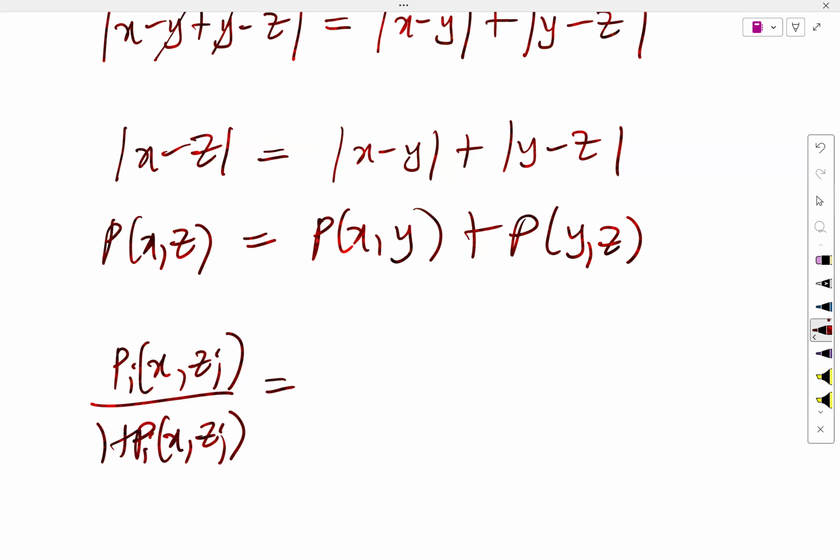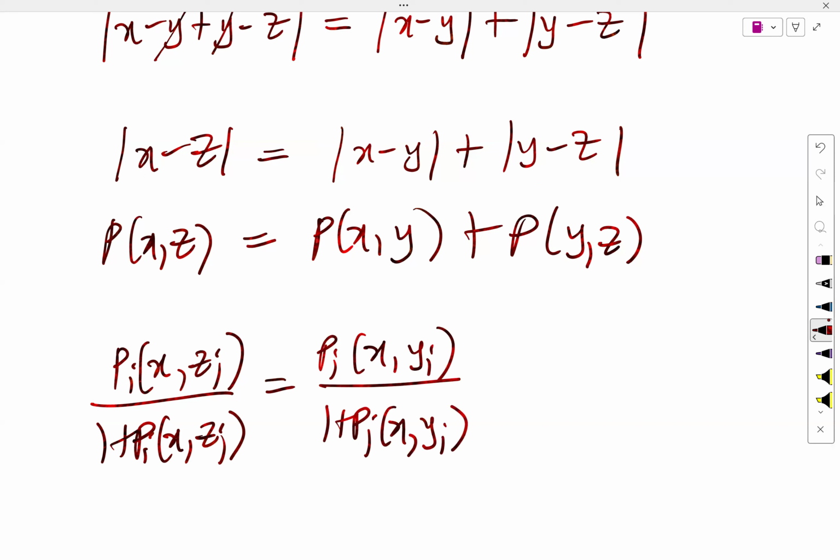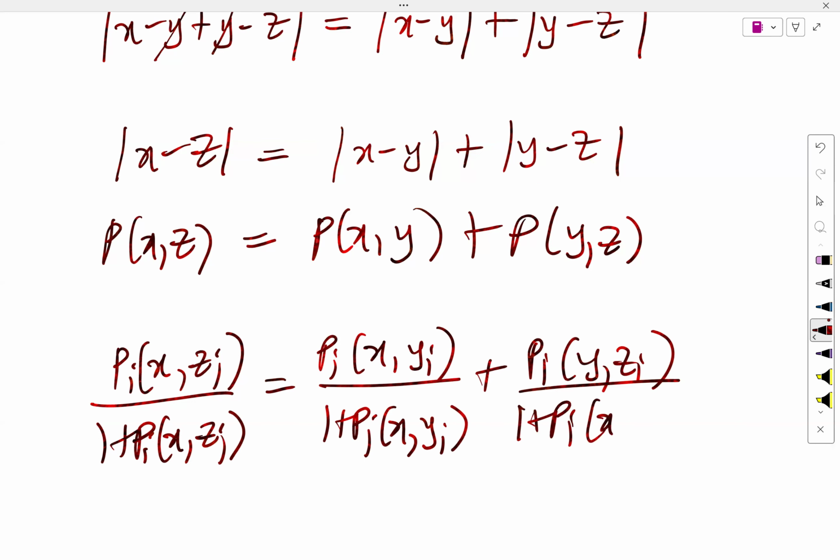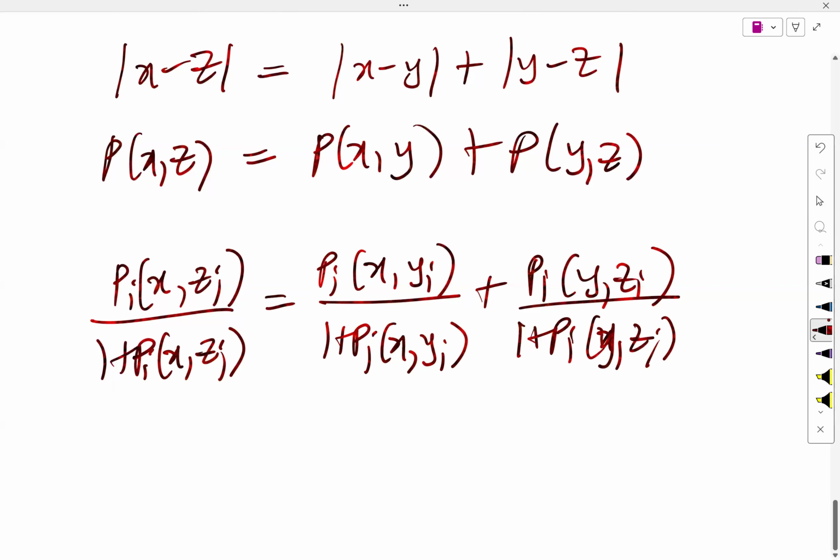If you take it to that realm, and then we have pi x yi all over 1 plus pi x yi like this, plus pi y comma zi all over 1 plus pi y comma zi that way.